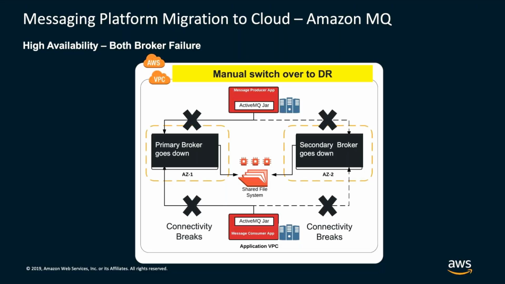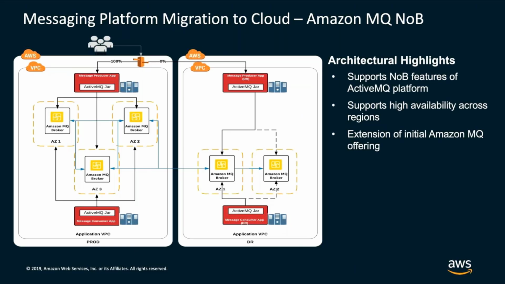So networks of brokers is the perfect solution for solving that problem. Networks of brokers, as Saji was talking about various topologies, right? One of the topologies was cross-region mesh. You could do that, and if you do that, then your messages can automatically be replicated from your primary region to the secondary region, or maybe prod to DR, however you are configured.